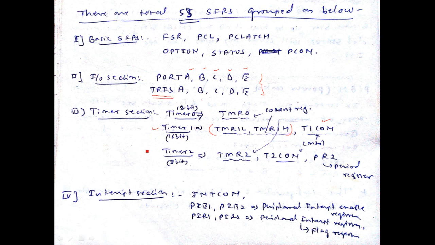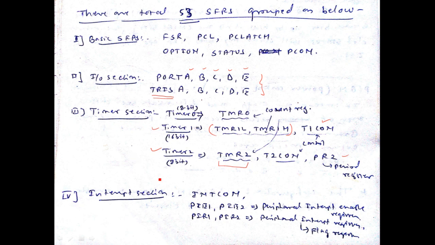Similarly, timer 2 is an 8-bit timer, so it has 1 register as a count register, and the T2 control, timer 2 control register, is used as control register. An additional register, the PR2 register, is required for that. So that's how these registers are associated with the timer section.